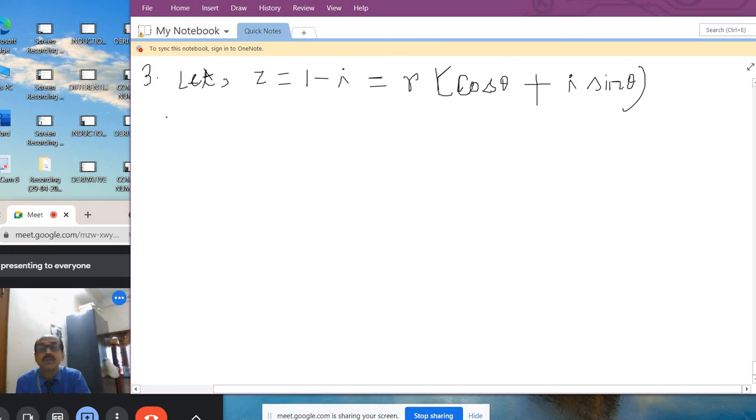Okay, so comparing both sides, r cos theta equal to 1 and r sin theta is equal to minus 1.